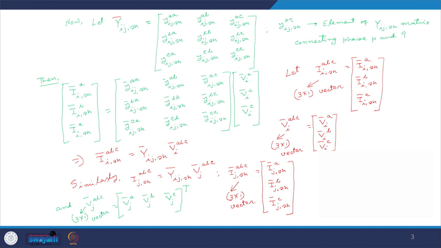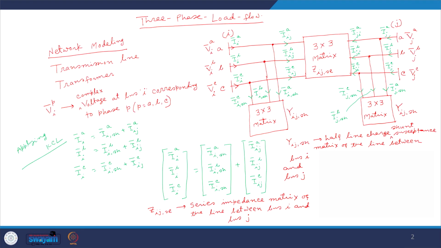So these are the relations between the bus voltage and the shunt current passing through the shunt elements.